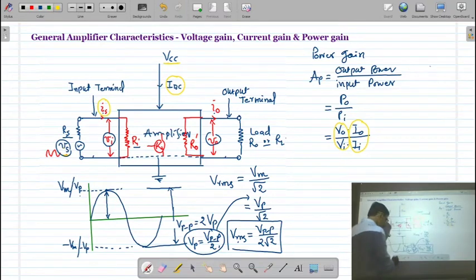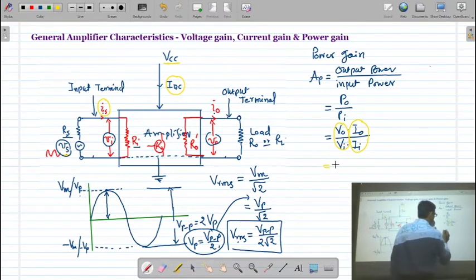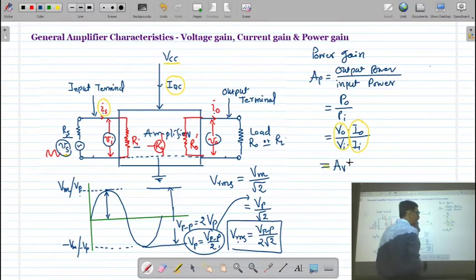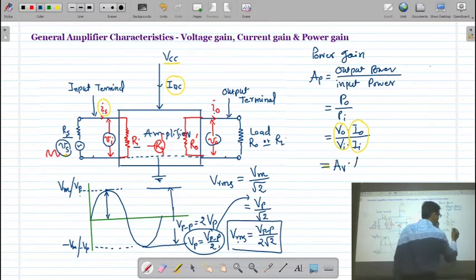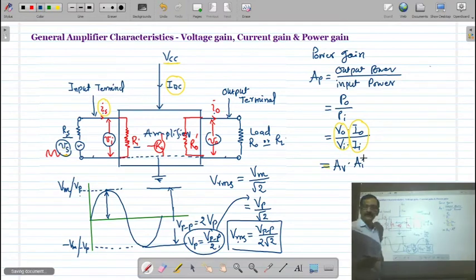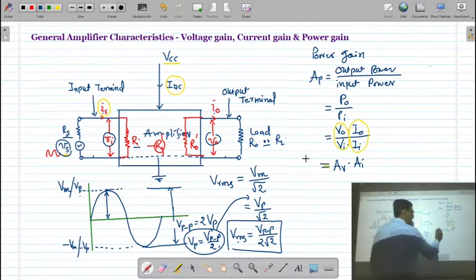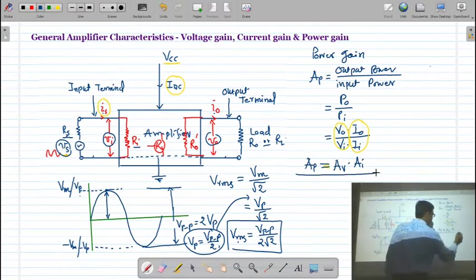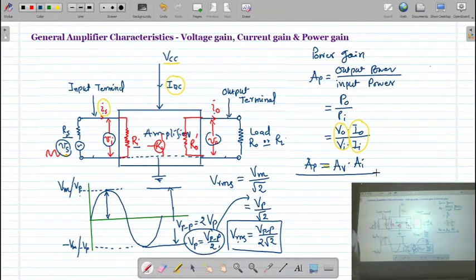VO by VI is nothing but the voltage gain, and IO by II is nothing but the current gain. So the power gain of the amplifier is nothing but the product of the voltage gain and the current gain. Now let us see a few examples so the idea about the current, voltage and power gain will be clear to you.